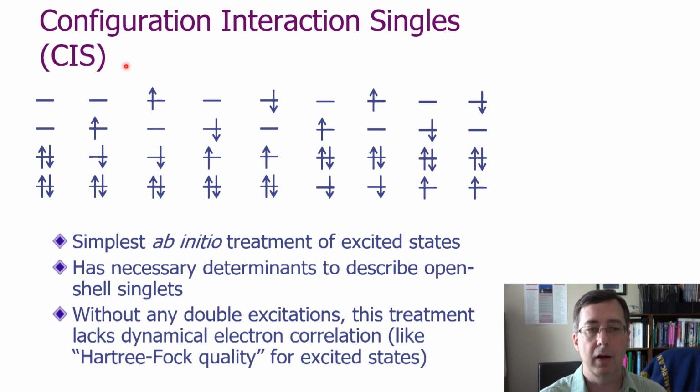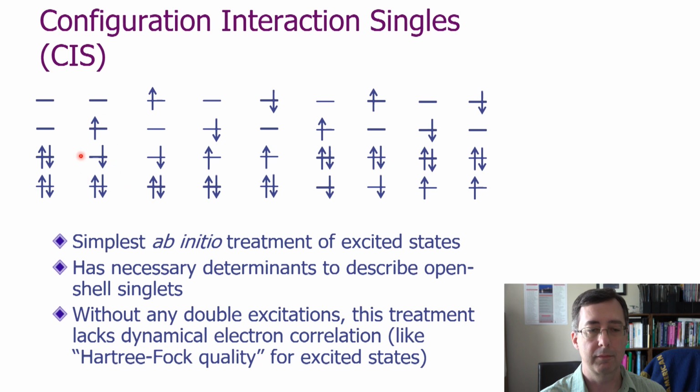If I do the configuration interaction singles and then form the full Hamiltonian matrix formed by all of these possible determinants and diagonalize that and get multiple roots, that will give me the different approximate solutions for the excited states as eigenvectors of that Hamiltonian matrix. And because I've included all of these different determinants, I have all the necessary determinants to describe open shell singlets.